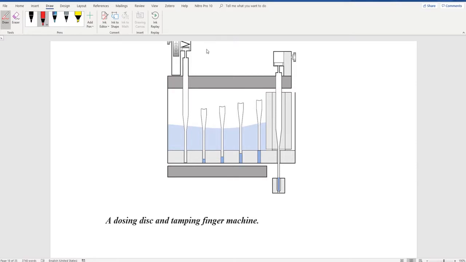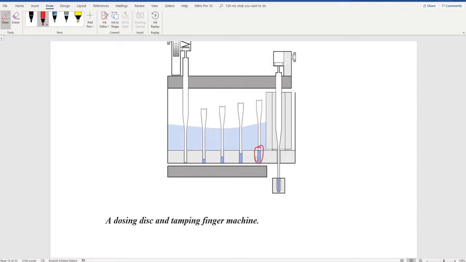Then the third set of tamping fingers will go back and compress the powder into these holes, and so on until you get the plugs as you see in this part. So at the end you have complete filling of the drilled holes in the dosing disc.